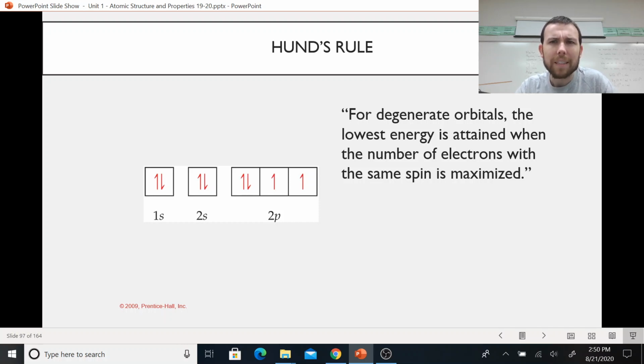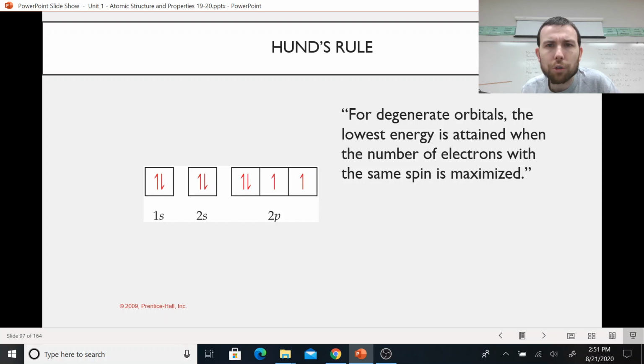Okay, now we need to understand what that word degenerate means. We might hear that word and think it has a negative connotation, but in a chemist's sense, when we're talking about orbital diagrams, degenerate means same energy.